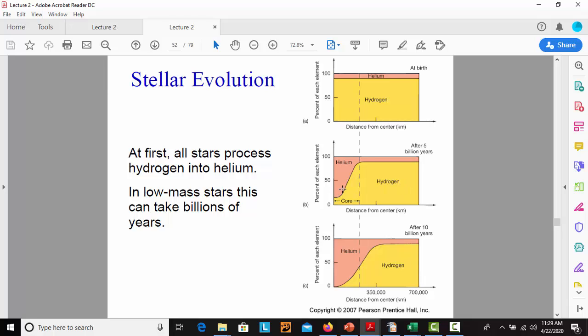So we're getting more and more helium in the core, and less as you move out from the center. After about 10 billion years, our core, where this dotted line is, starts to become just helium. So we're starting to run out of hydrogen in the core, where things are fusing.